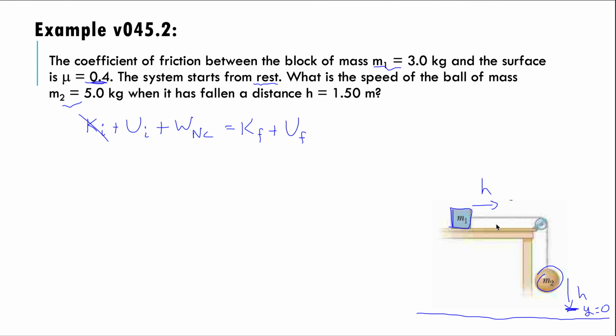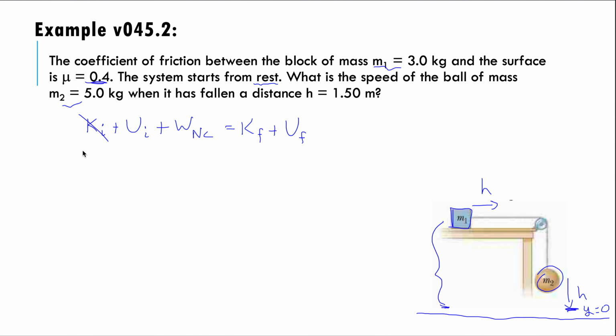Alright, so that being said, we know that M1 definitely has some height above this reference level. But assuming that it's still on the tabletop after moving a distance h, for the final situation it's still going to have the same exact height.